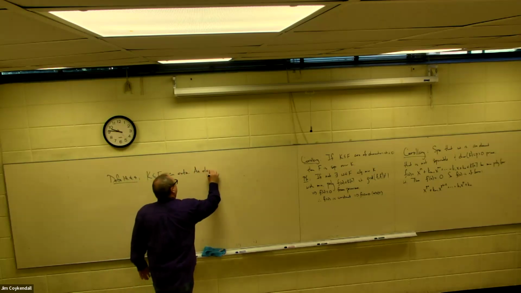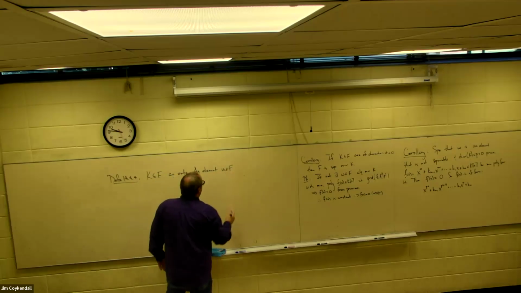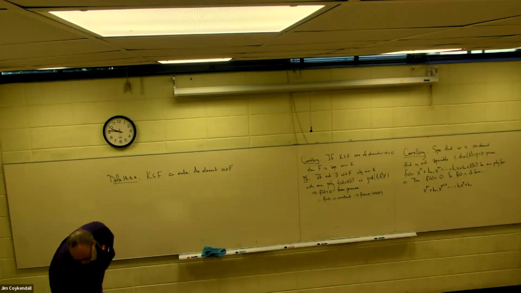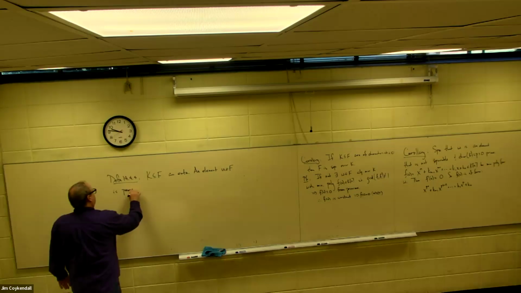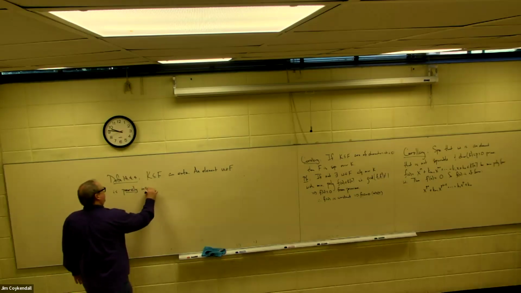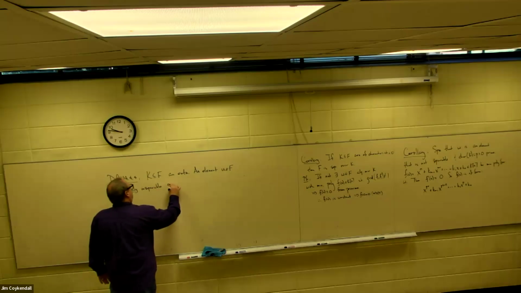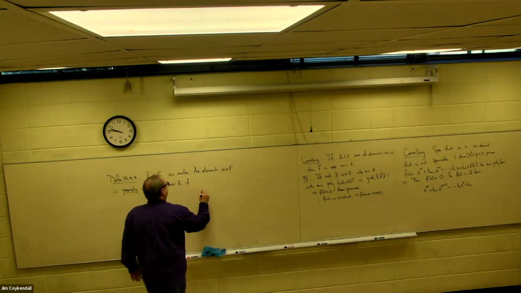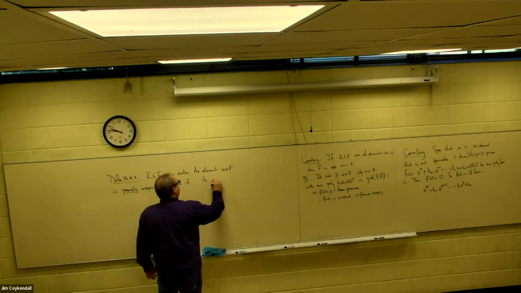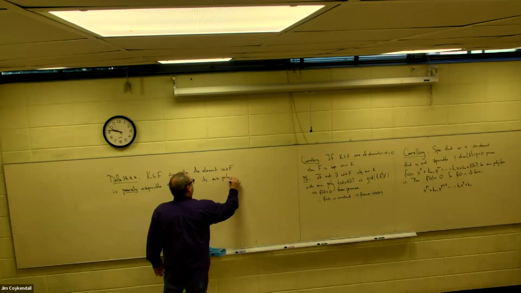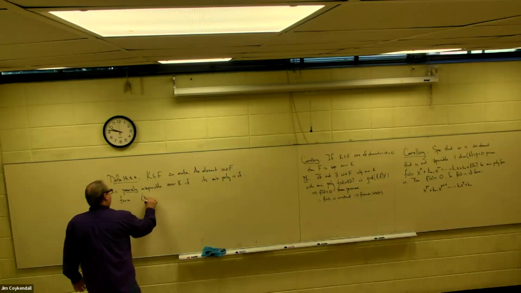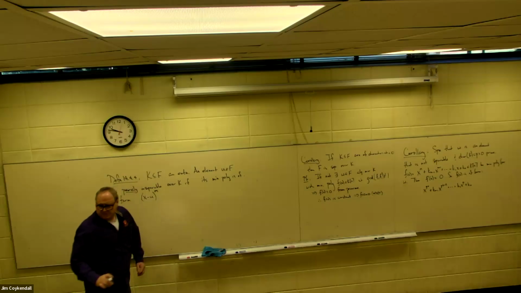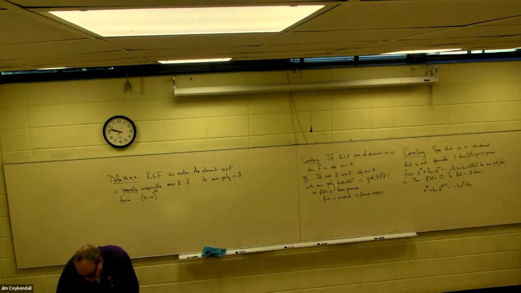An element u in F, which will implicitly be algebraic, is going to be termed purely inseparable over K if its minimum polynomial is of the form x minus u to some power.